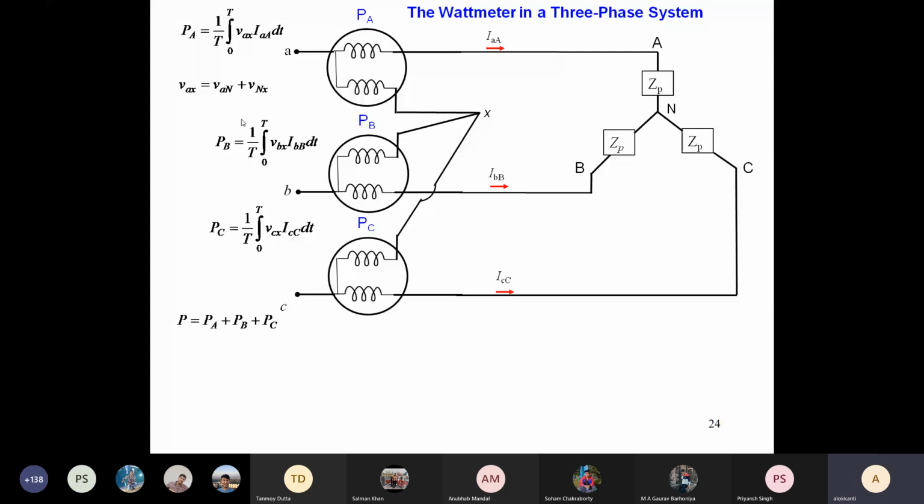The total power consumed in this 3-phase star-connected load is PA plus PB plus PC. PA means this is the current coil, and the current coil is carrying IA.